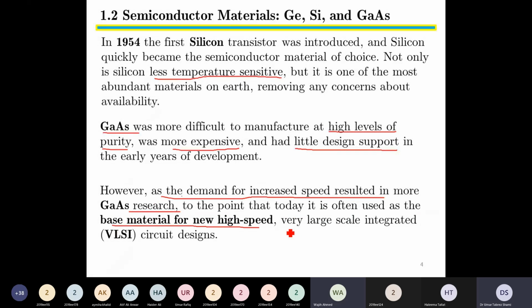And if we look at the last line, the very large scale integrated circuit, VLSI, means the internal circuitry of your regular integrated circuits, which you normally find in microprocessors, microcontrollers, the mobile phone, all electronic components.